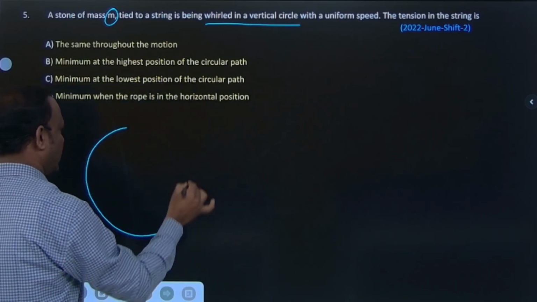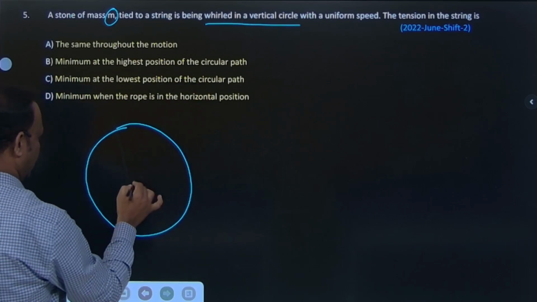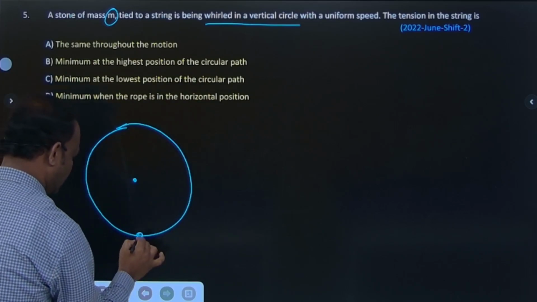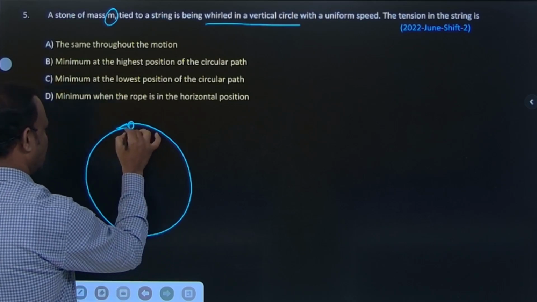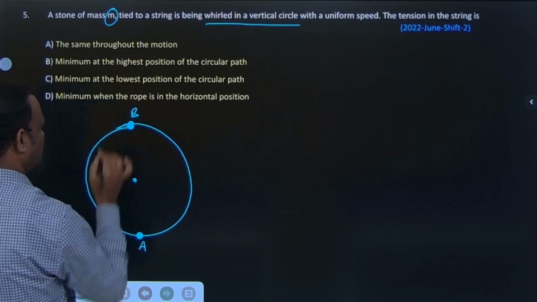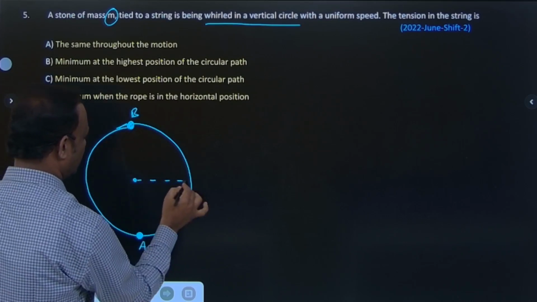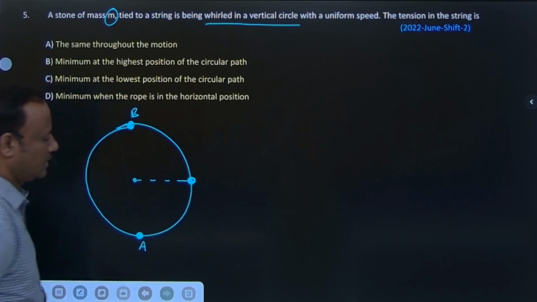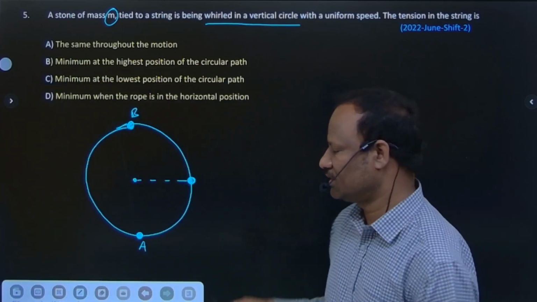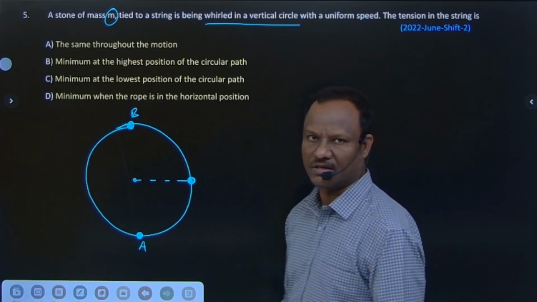This is the center. So if you take this position, you know this: lowest position A, highest position B, horizontal position C. Three cases we need to remember for any problem based on vertical circular motion.